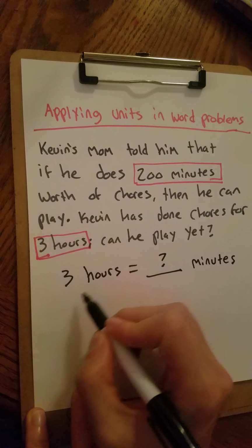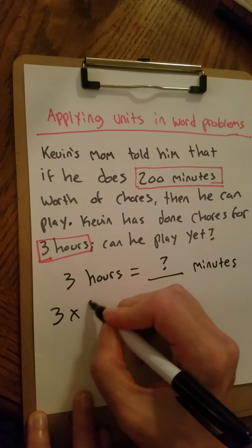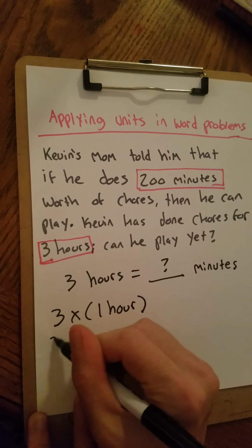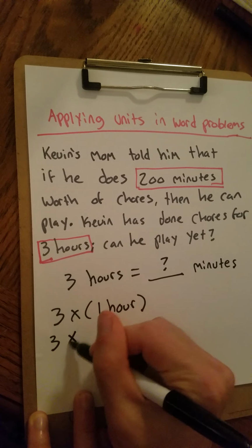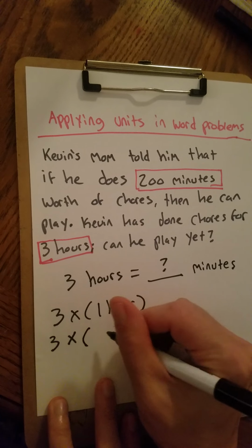I'm going to rewrite this as a mathematical expression. 3 times 1 hour. I'm going to rewrite my expression and convert my hours into minutes. 1 hour equals 60 minutes.